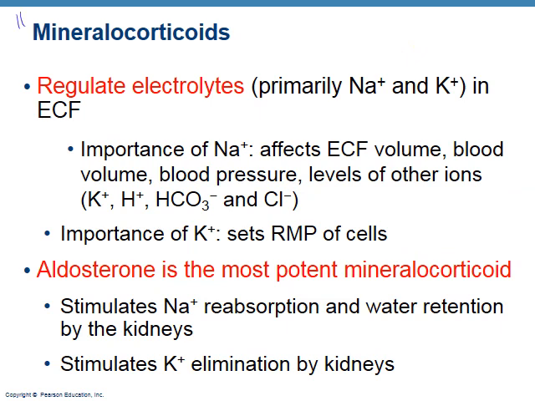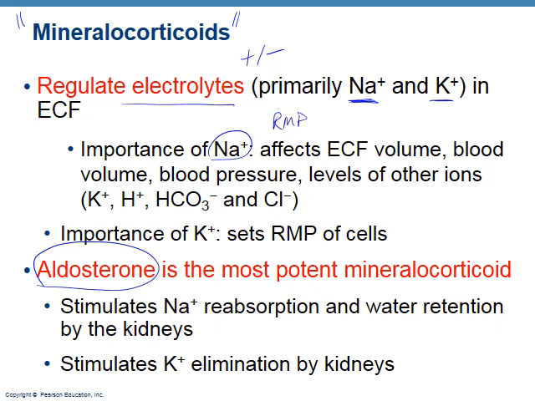So the first group we're going to talk about is mineralocorticoids, and the one we need to look at is aldosterone. So basically, these are going to regulate electrolytes. So remember, electrolytes, anything that's positive or negatively charged, primarily it's going to regulate sodium and potassium. So remember the effects of sodium, right? Sodium helps set up that resting membrane potential.